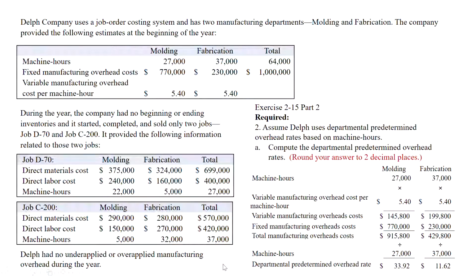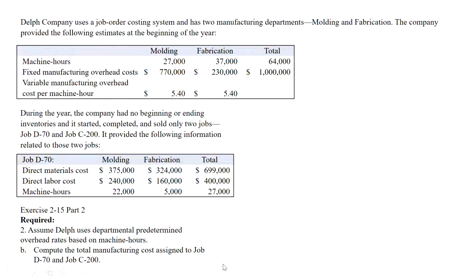Now let's go ahead, we're not finished yet. Let's move on to part B. I'm clearing a path here just because these are fairly intense calculations, and I don't want to clutter it too much. Very similar to what I did in the first video, we're calculating manufacturing costs assigned to these individual jobs. I'm just going to do it for job D70. You'll get the gist and you can do it yourself for job C200.